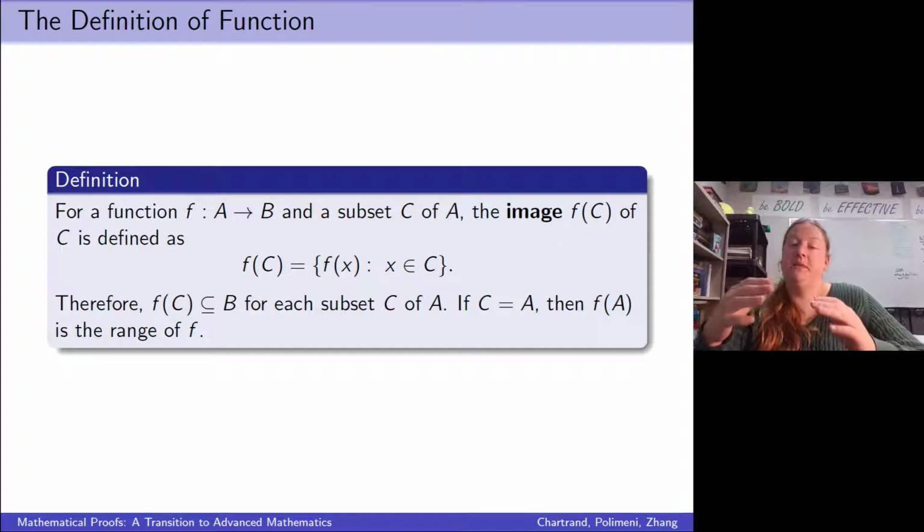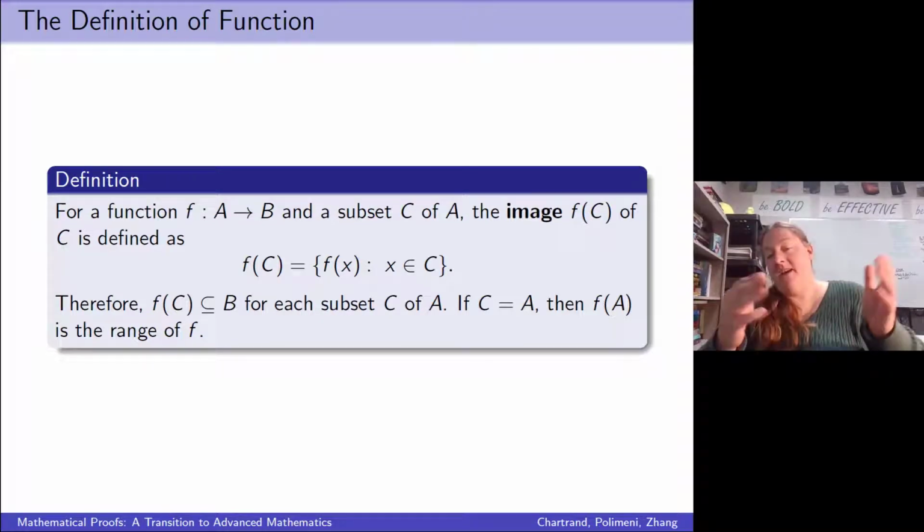Now, if we take some subset of A, call it C, the image, we can write it as f of C. Under the function f, it is defined to be the set of all f of x such that x is in C. So we know that f of C is going to be some subset of B for every subset C of A. And in fact, if C equals A, then f of C is going to equal f of A, and that is actually the range of f.